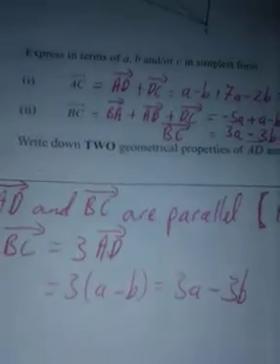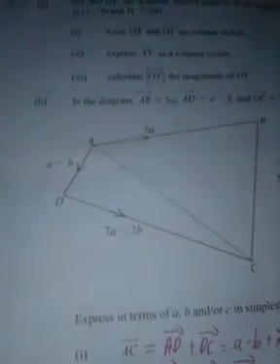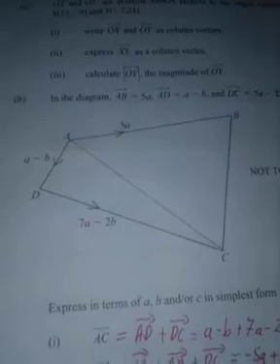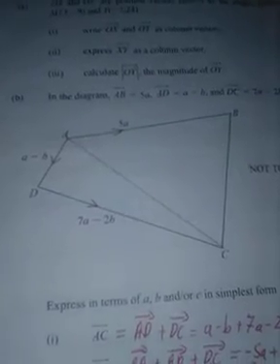So BC is equal to 3 times AD. It's a scale factor. And therefore, AD and BC are parallel. A to D and B to C, because they're flowing in the same direction and they are proportionally equal. All right.